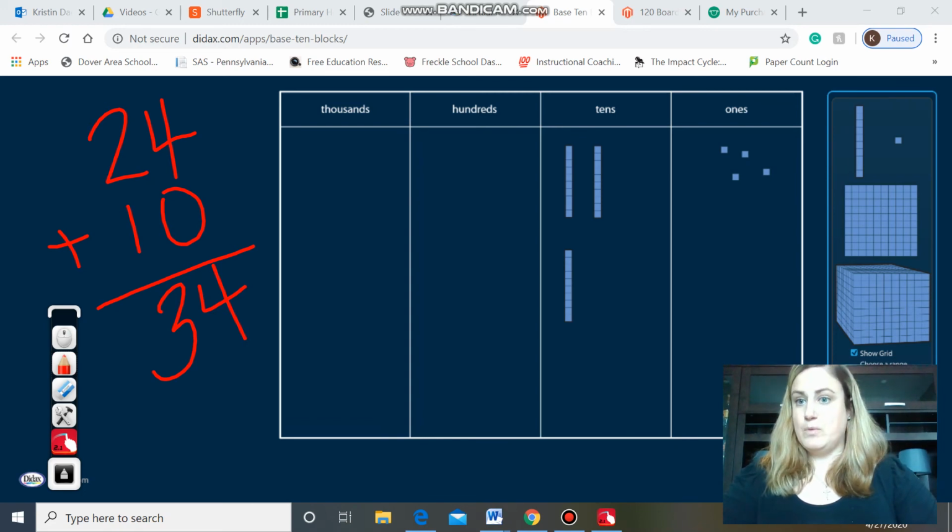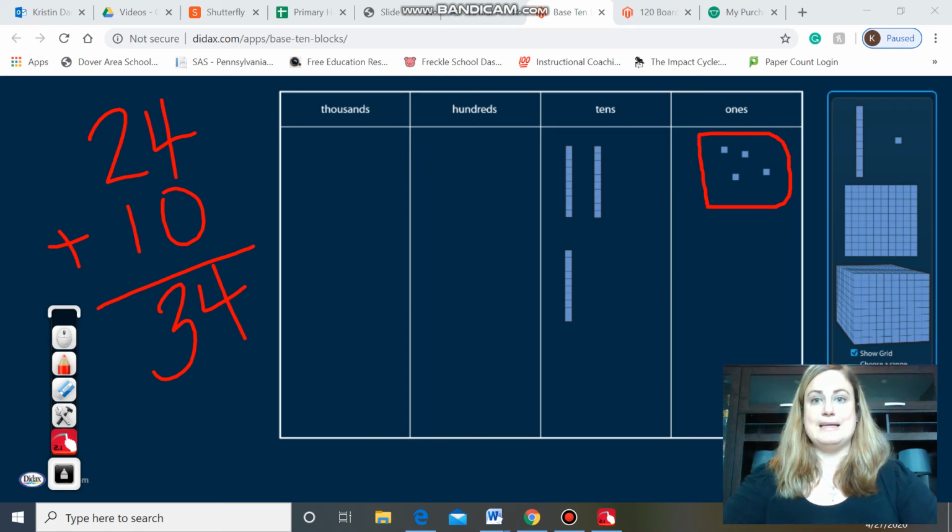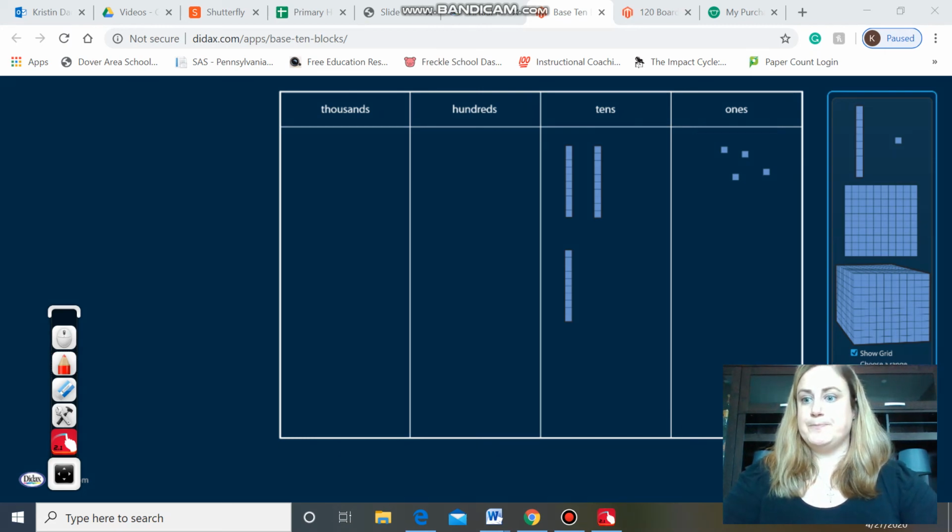You'll notice that my ones place did not change. I still only have 4 ones. The only thing that changed was my tens place. So if you are adding 10 or multiples of 10 to any number, the only thing that's going to change is your tens place. Let's try one more.